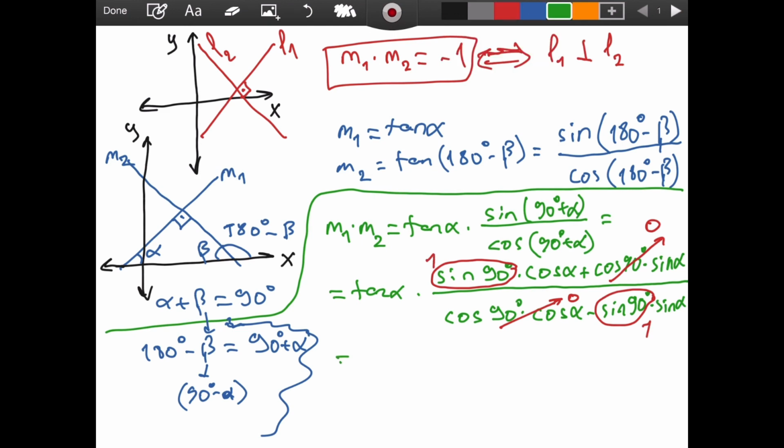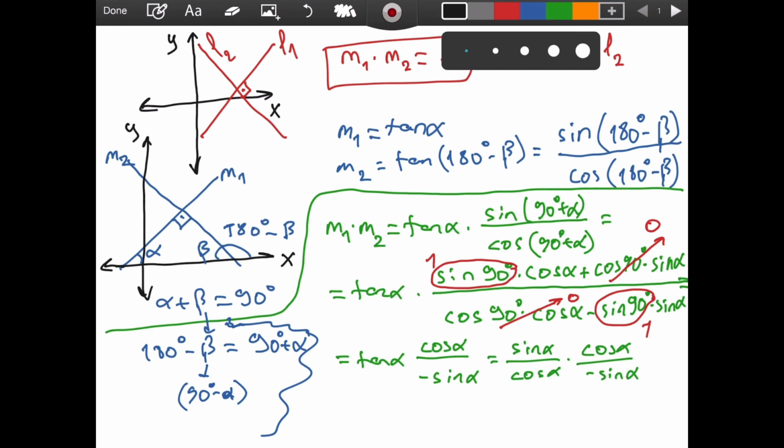So we will have tangent of alpha times cosine of alpha divided by negative sine of alpha. Well, what is tangent? Just like we said a couple of minutes ago, it is sine of alpha divided by cosine of alpha. So we have these, and what happens?